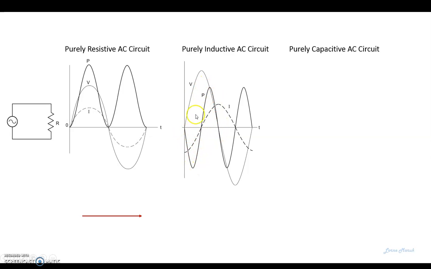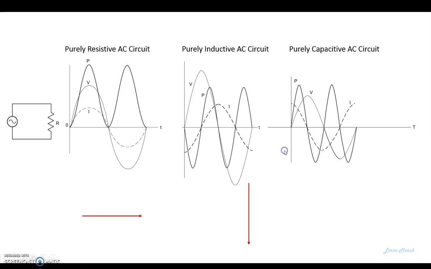It takes away, gives back, takes away, and it still consumes amps and takes power from the supply, but doesn't do any work. We can represent the purely inductive circuit with an arrow pointing down or up, but we have to pick one direction, doesn't matter.